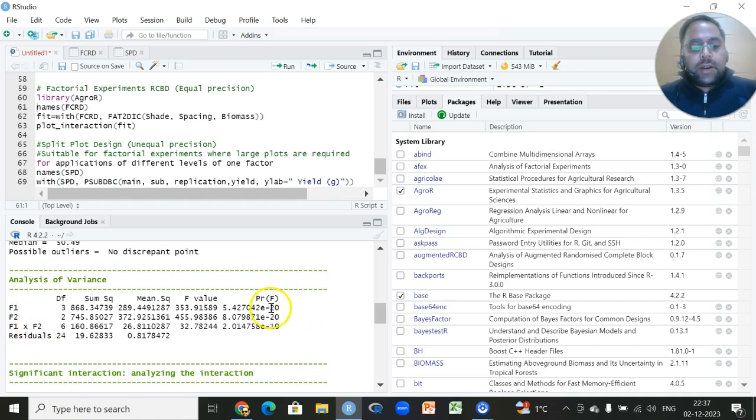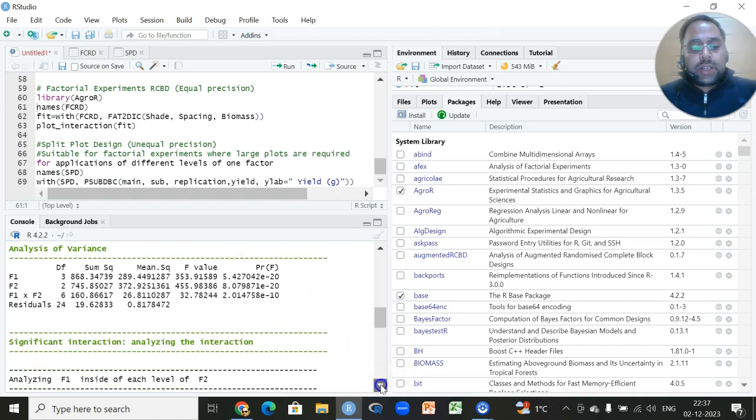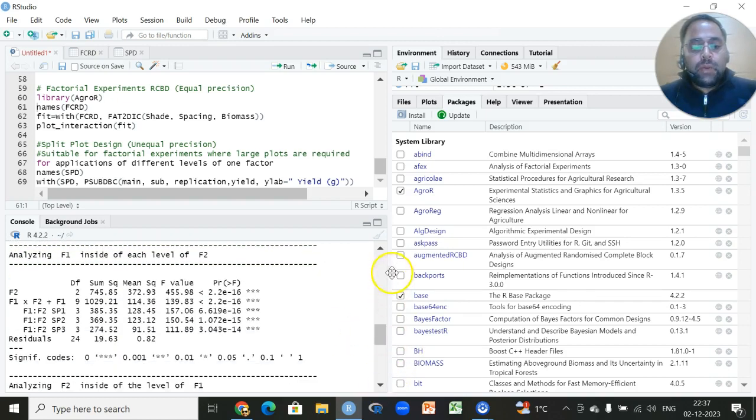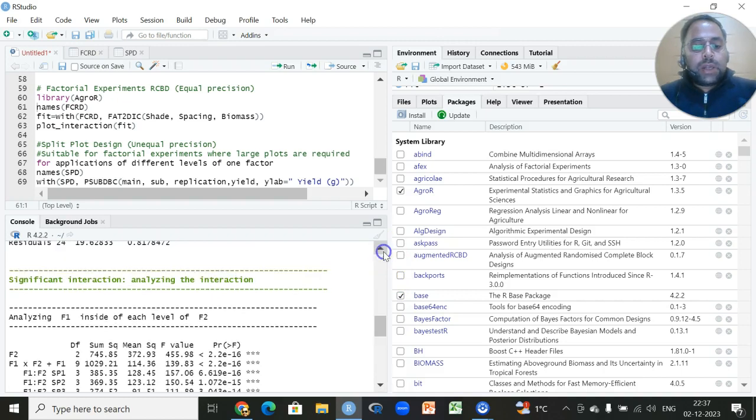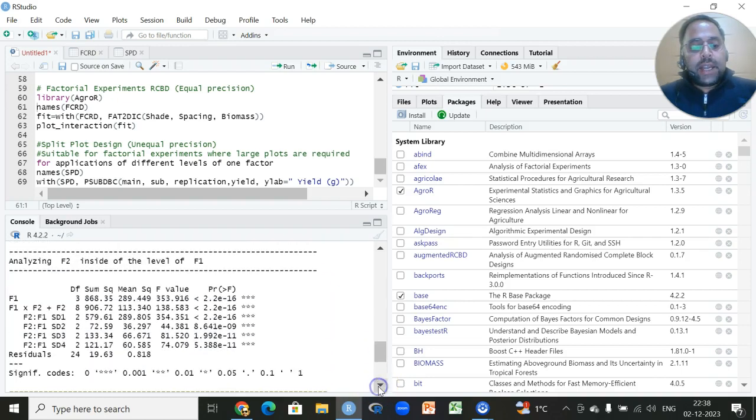From the p-values, all these factors as well as the interaction are significant. That means both factors are interacting with each other. Then we have another ANOVA table here, analyzing a particular factor within the levels of another factor, and the same for the other factor also.